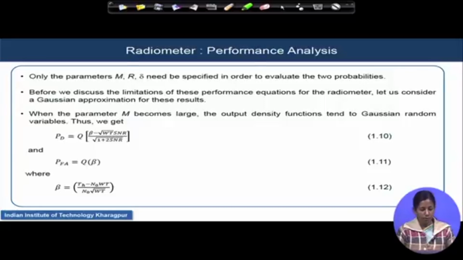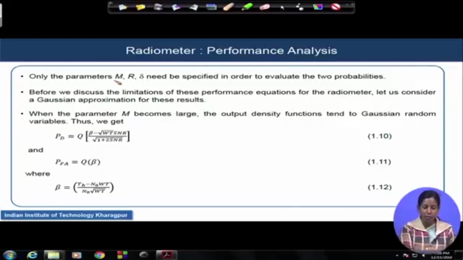Now, remember one thing, as I have mentioned earlier: if you know the three parameters in this equation, capital M, capital R and del, do you remember what they are? Del was the normalized threshold, capital R was the signal to noise ratio, and capital M was the time bandwidth product.